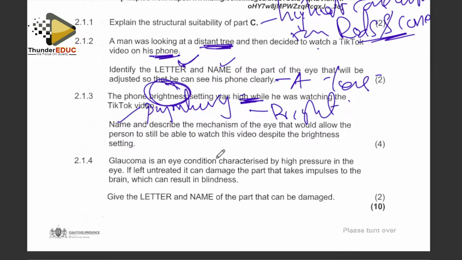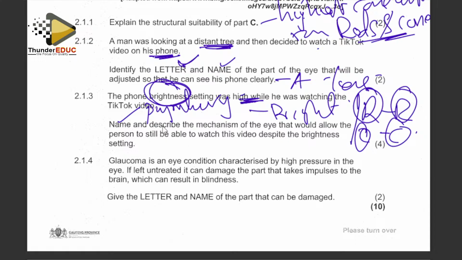R goes with R, C goes with C. When do we mix things up? When the lights are off. All right, R with R, C with C, meaning that radial muscles relax, circular muscles contract, the diameter of the pupil decreases, and then less light enters the eye. Done. We continue.